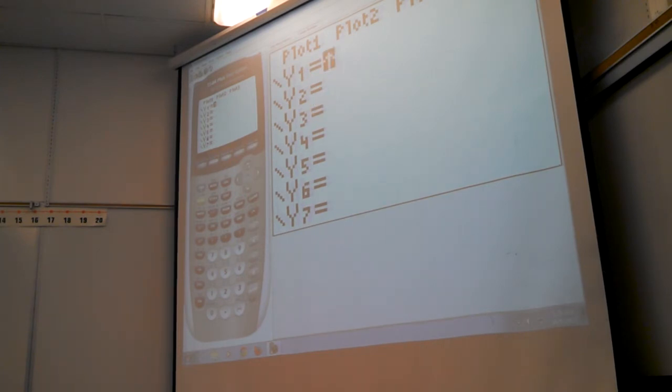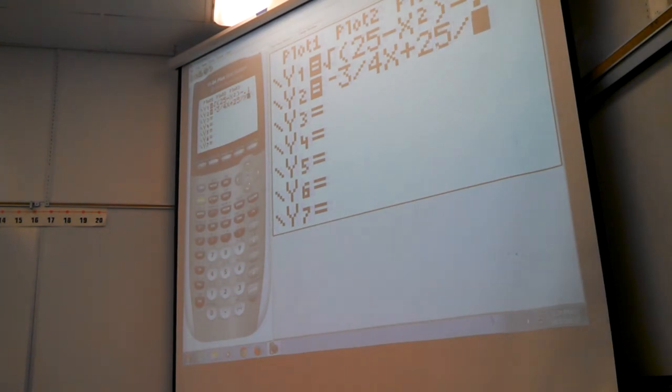All right, so I've got the top part of the circle minus 0.1. Then in the middle I put my approximation, negative 3/4 x plus 25/4. There's my line.